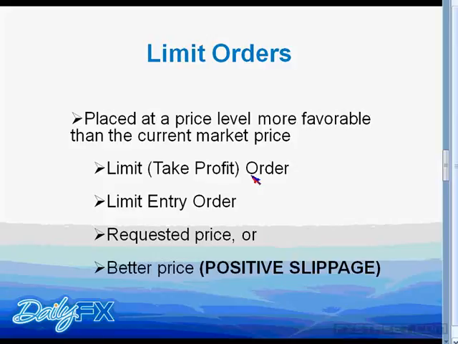The good thing about limit orders is that you can get executed at your requested price, or you could also get executed at a better price, known as positive slippage. There isn't the opportunity to receive negative slippage on limit orders. That's why we want to highlight limit orders, in the sense that we either get out at the price that we want or better.